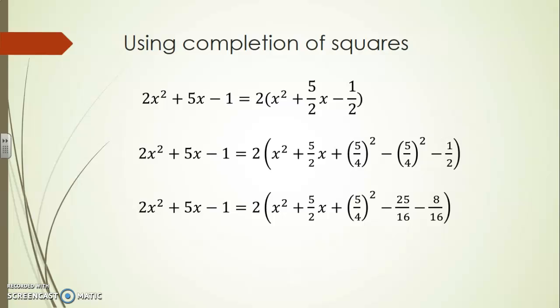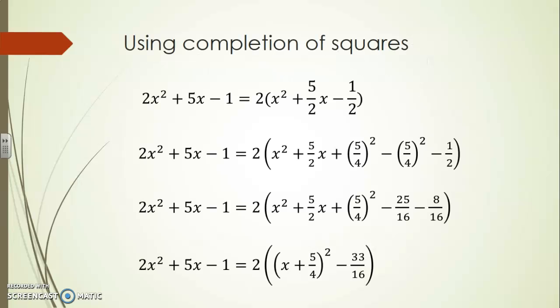In this next step, I am working on the last two fractions just to be able to regroup them. So I've created a common denominator, which is 16. (5 over 4) squared did require that we square both the 5 and the 4 in the first place. And as for the first three terms, they form a perfect square, (x plus 5 quarters) squared. The last two fractions put together give minus 33 over 16.